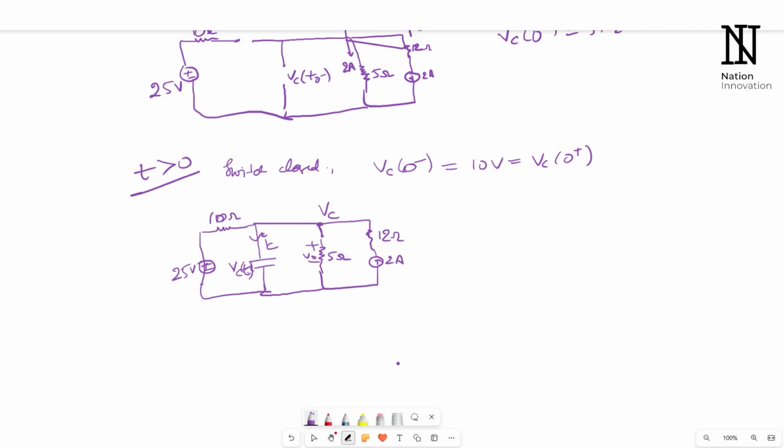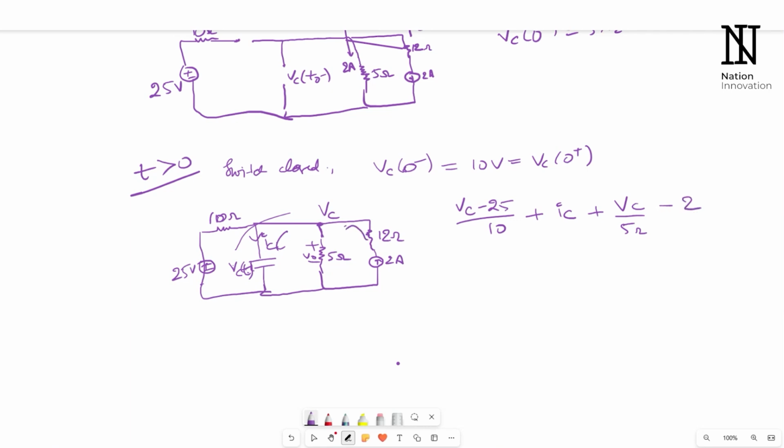If we apply the KCL equation here, we get (Vc minus 25) by 10, this current, plus Ic, this current, plus Vc by 5 ohm, and minus 2.